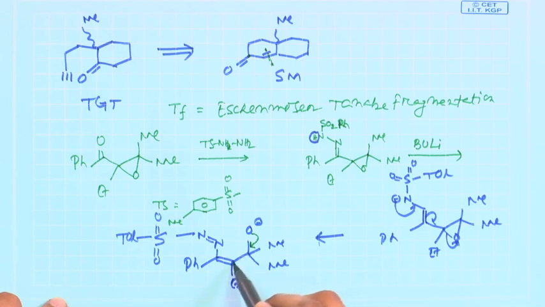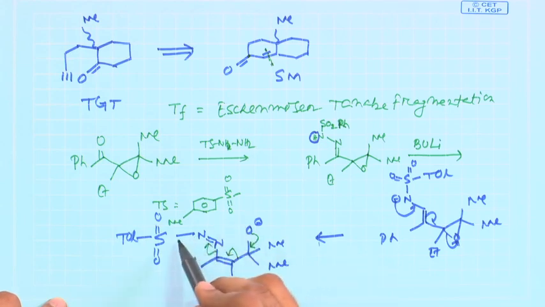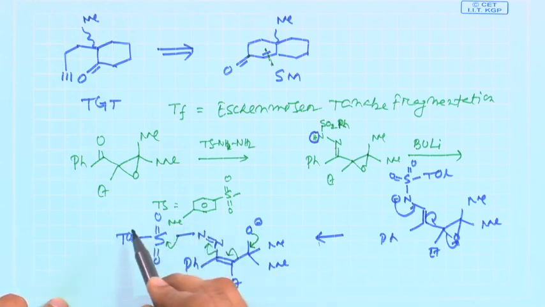Now, this sigma bond has to break and put a triple bond here, and then this forces the nitrogen species to be expelled, and then this entire sulfonyl group will also leave.